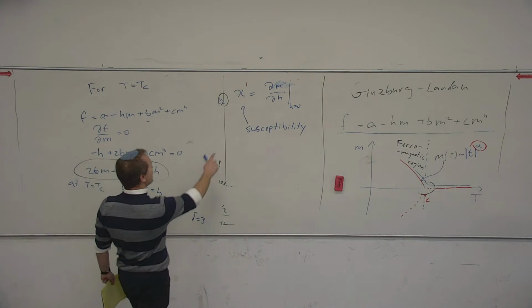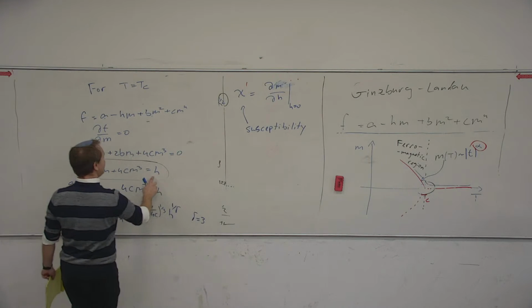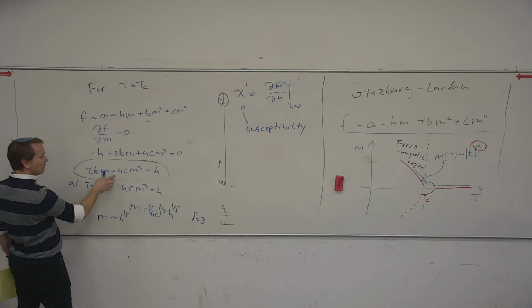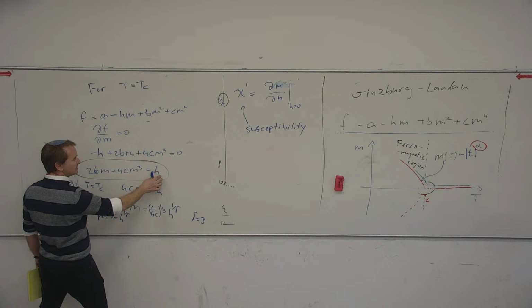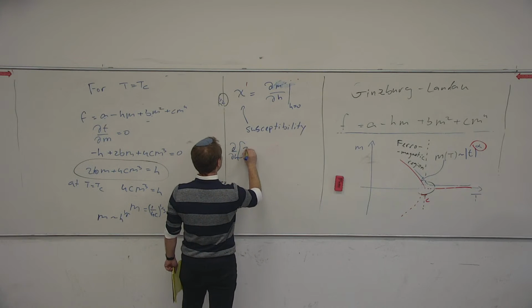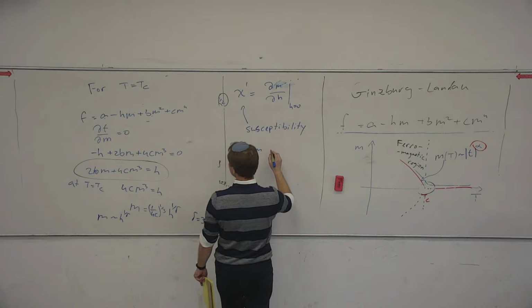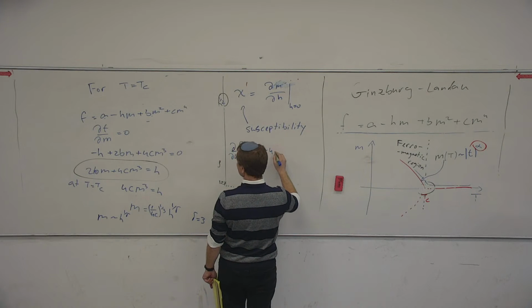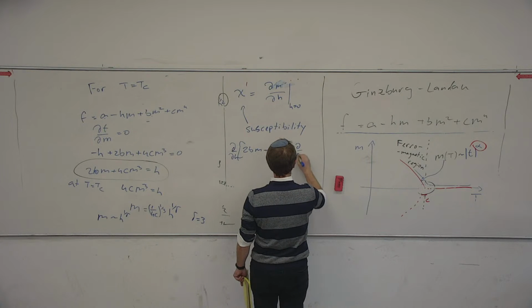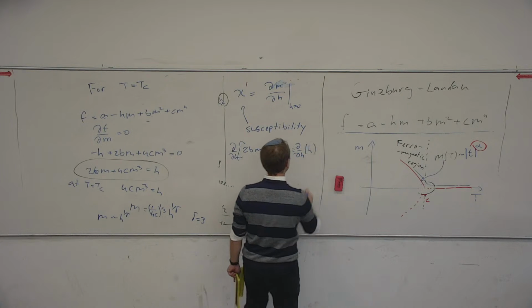Okay, so how do we obtain the susceptibility? Let's take this equation and take the derivative with respect to h of the left-hand side and the right-hand side. So we have d/dh of 2bm plus 4cm to the third equals d/dh of h.